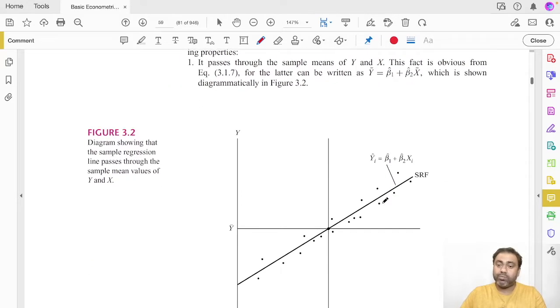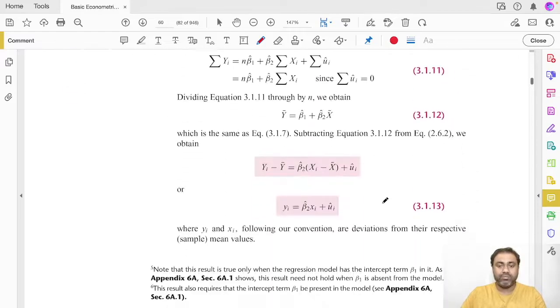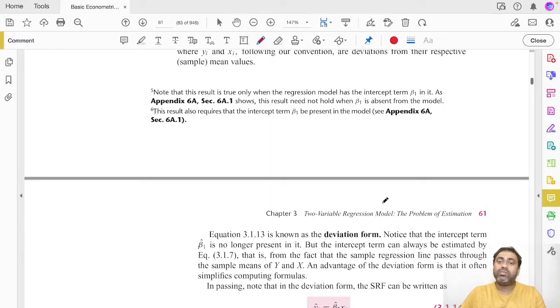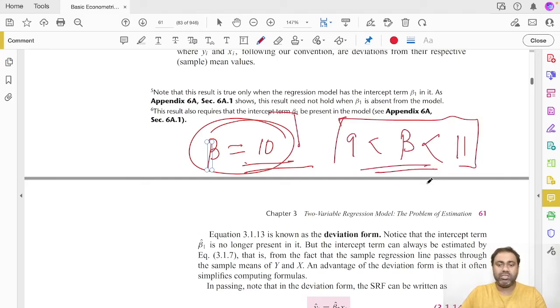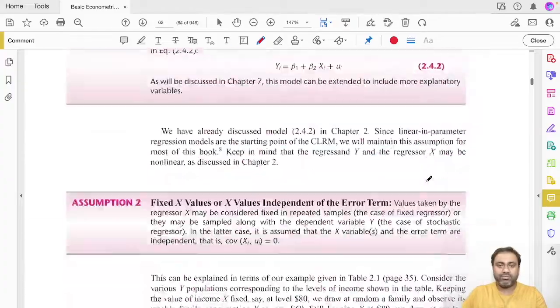Even in the case of the null hypothesis, when we are doing hypothesis testing, it is a point, like we say beta is equal to 10, and we say beta is less than 11 but greater than 9. So how does the null hypothesis in hypothesis testing vary?